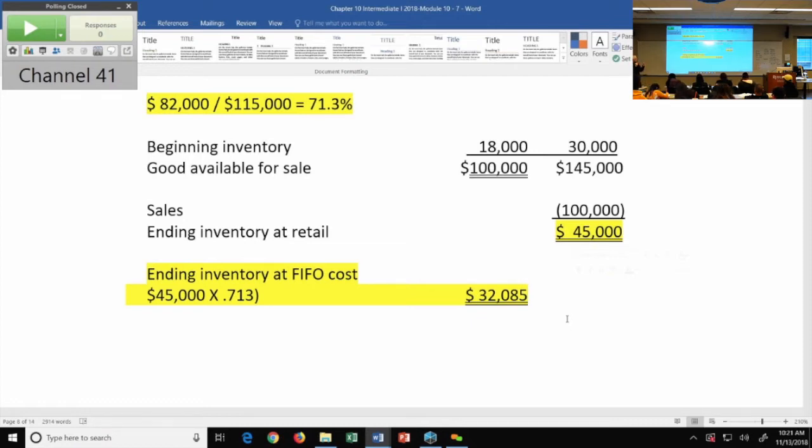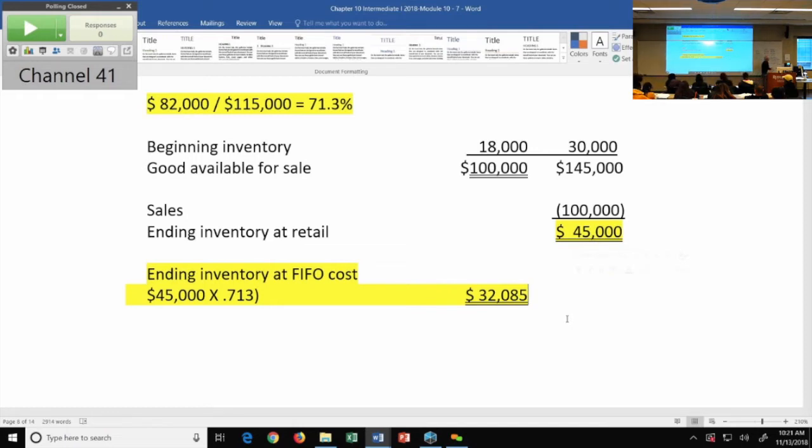Logic, FIFO is only current cost. Or if you don't like that one, the logic is first goods in and the first ones out, so ending inventory should be in the current purchases, assuming the beginning inventory is all sold. Now again, this is only an estimate.